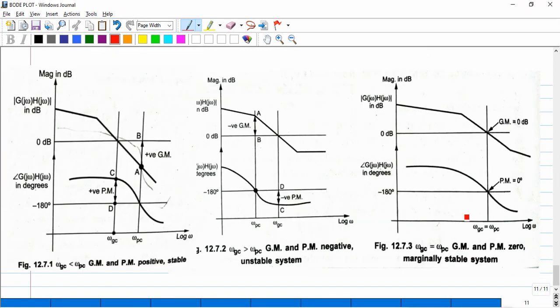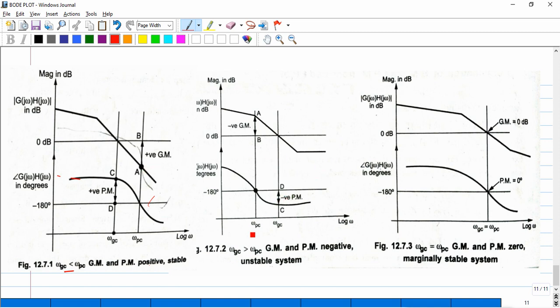Students, so please refer these three graph in order to determine whether given system is stable or unstable. If you see here, the first statement is omega gc should be less than omega pc, and both gain margin and phase margin positive, we call it as stable system. And if we are measuring gain margin and phase margin in between 0 dB and 180 degree, so it will be positive, okay.